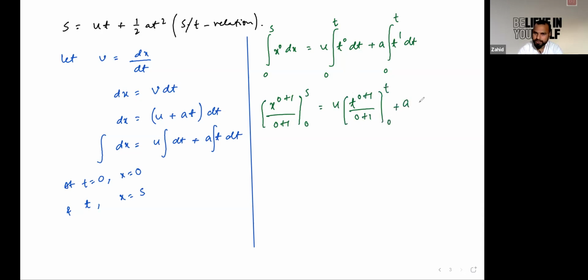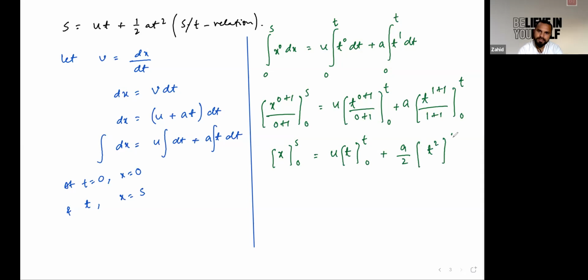For a t raised to 1, on integration it will be 1 plus 1 divided by 1 plus 1, limit t to 0. So this expression on solving will become x, limit s to 0, u into t, limit t to 0, plus a over 2 t squared, limit t to 0.